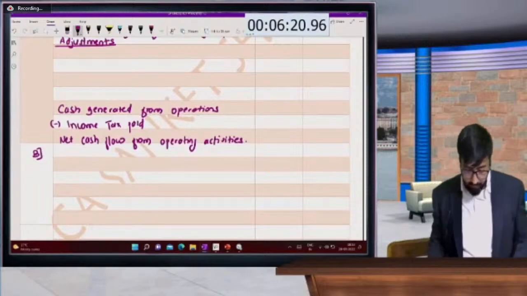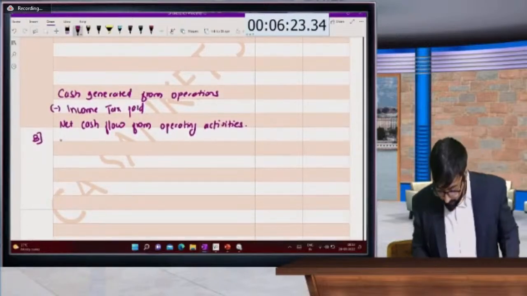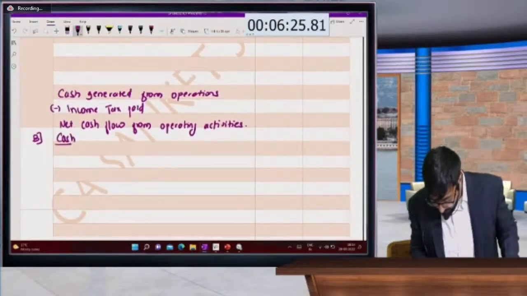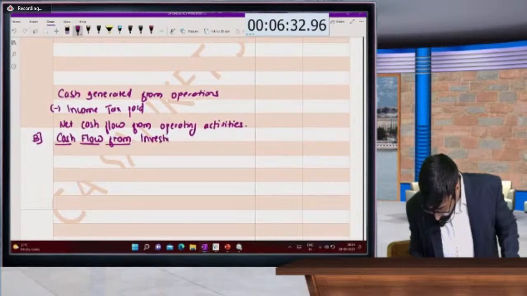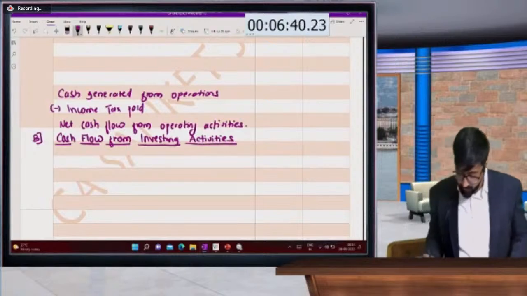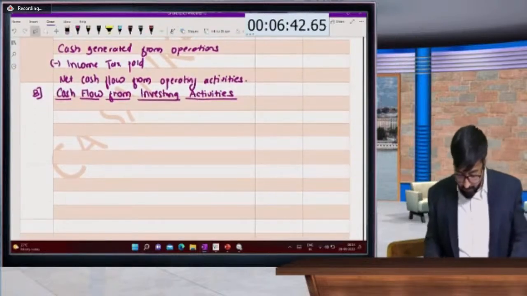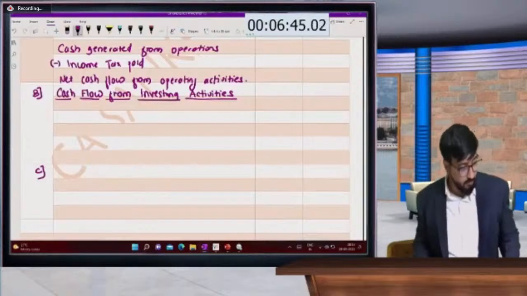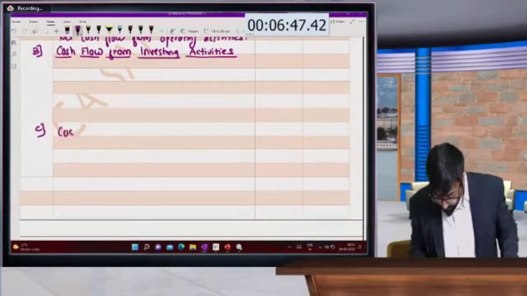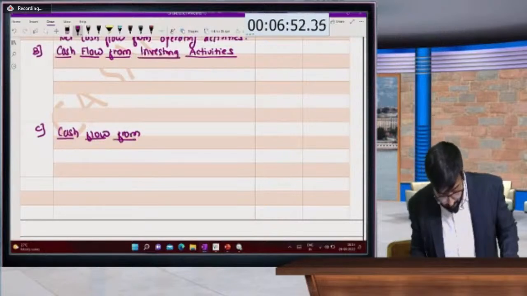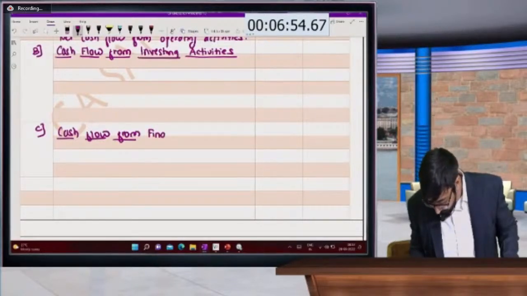B, cash flow from investing activities. After 6 lines, C, cash flow from financing activities.